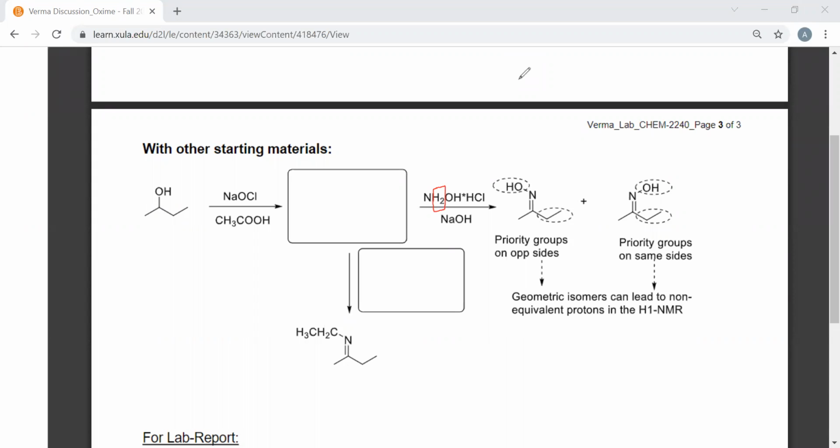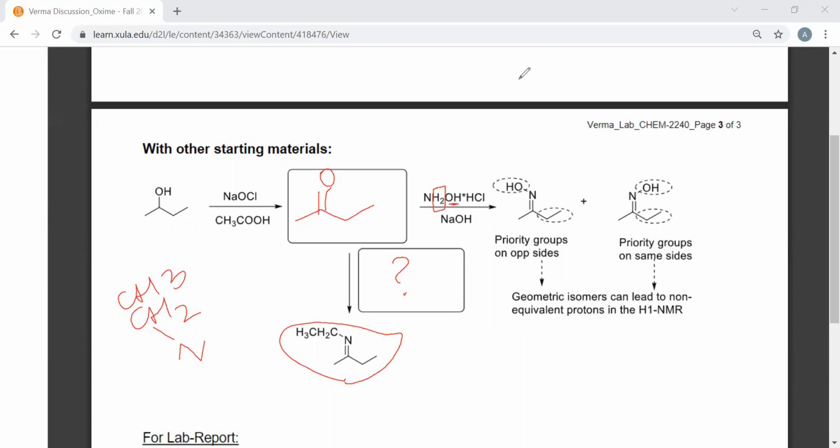So let me ask you this. I know this is my ketone. What should be my reagent here to get me a product like this? So what do I have here? I have a nitrogen. I have the CH2, CH3 group.